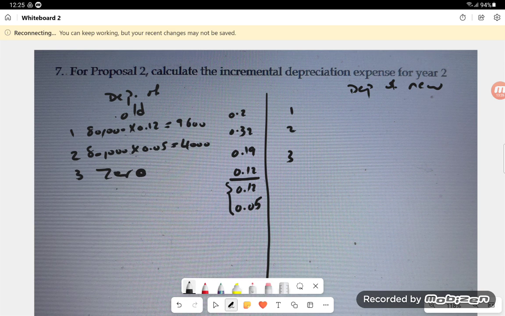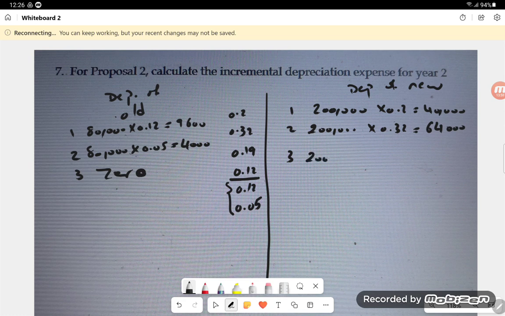Okay. Right. With respect to the new asset, it's 200,000 multiplied by 0.2, which is 40,000. And for year 2, 200,000 multiplied by 0.32, 64,000.